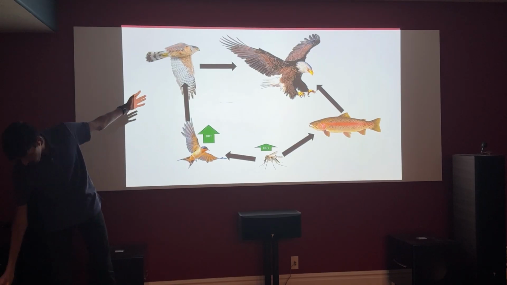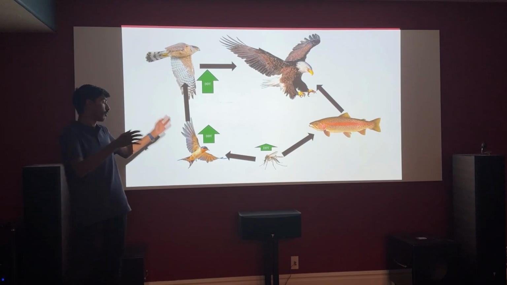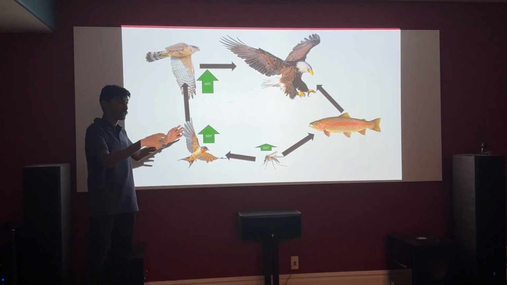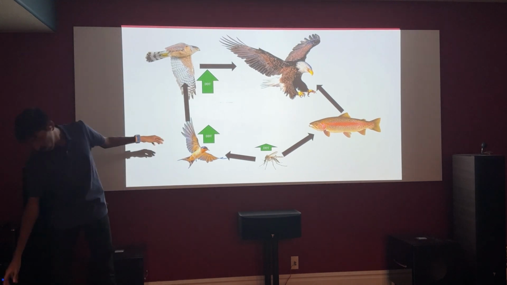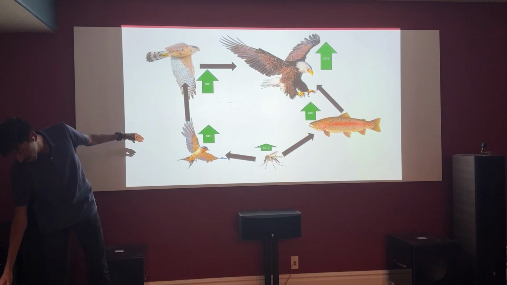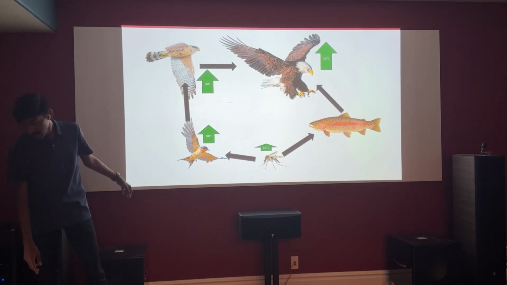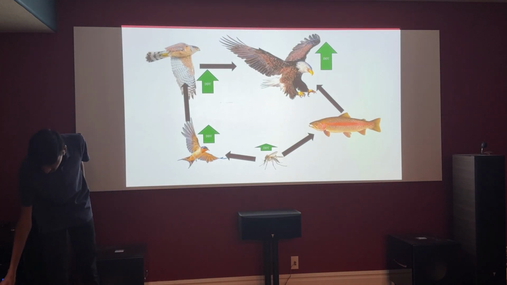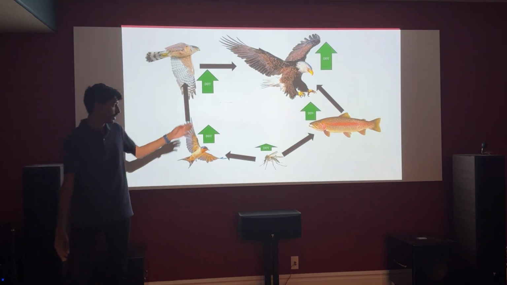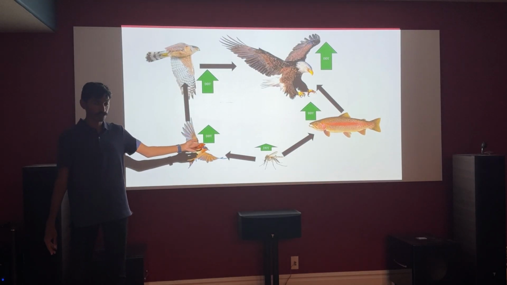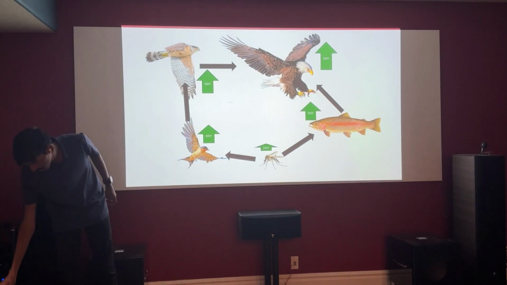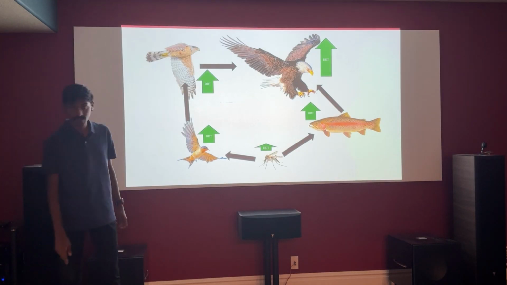It's even worse for the Cooper's hawks because they're eating a ton of those barn swallows. So the DDT builds up in them even more exponentially. And it's even worse for the bald eagles because they're eating so many of those Cooper's hawks. And they're also not just eating the Cooper's hawks, they're also eating the rainbow trout and the trout that are eating the mosquitoes. So the toxins start mounting in them even more.